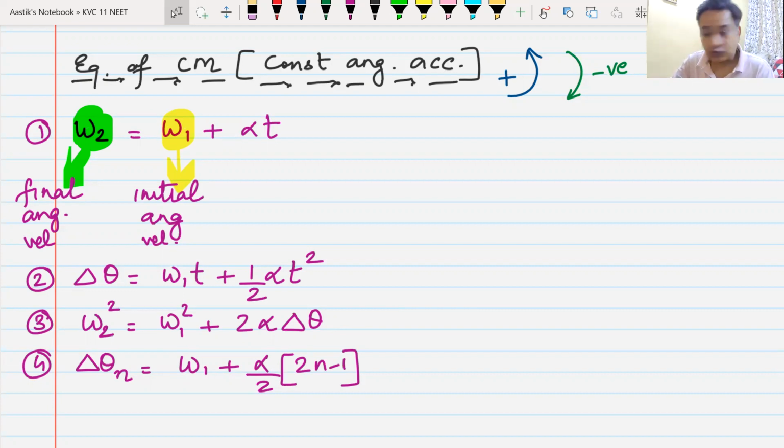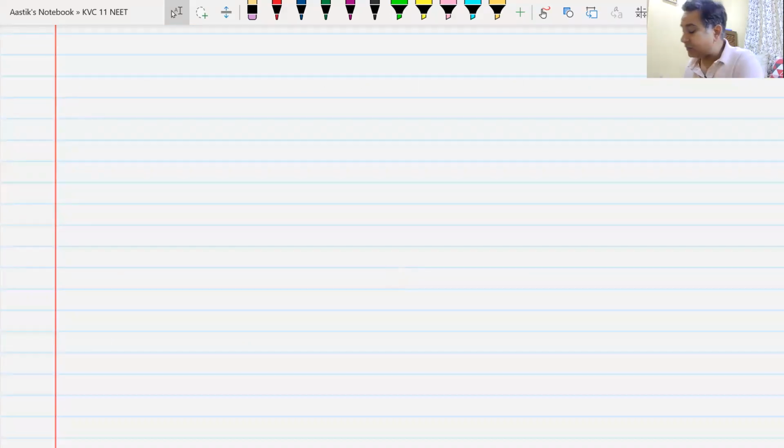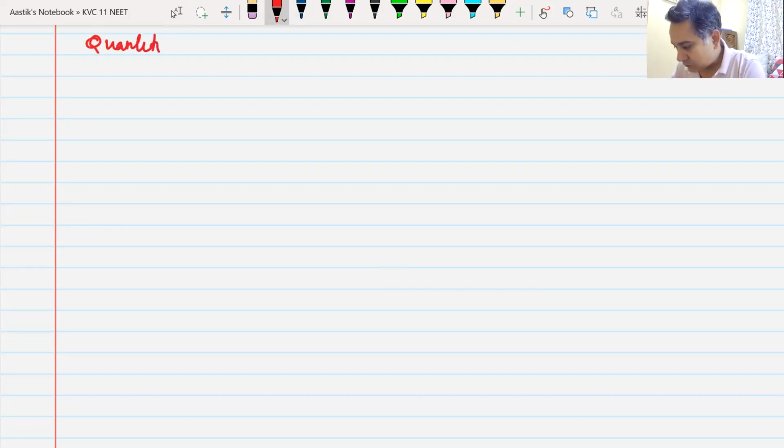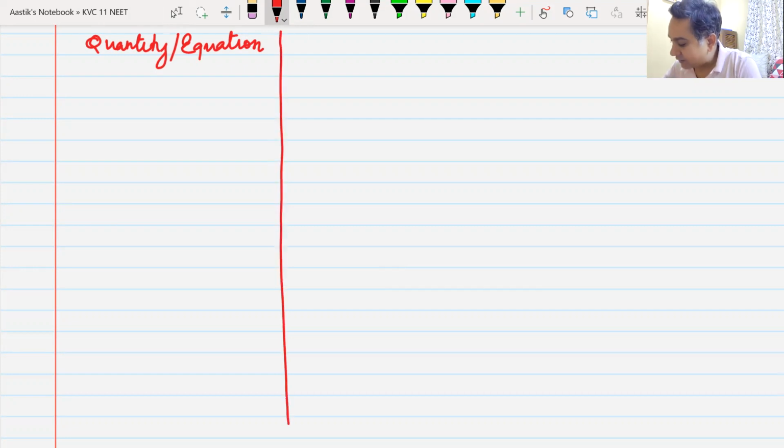So what I will do is give you those things in one place, and I hope that you will remember them forever. So we'll make a table. The first column is quantity. Then we have linear motion.